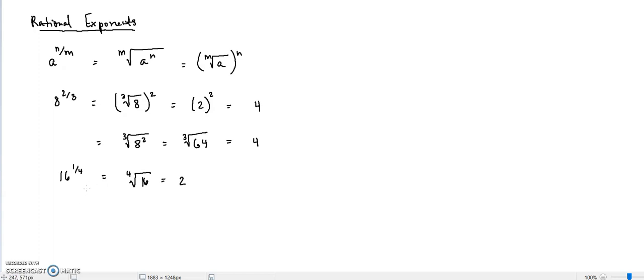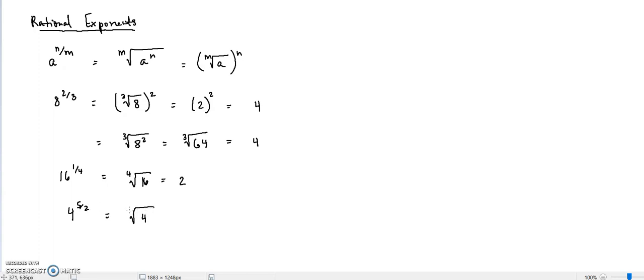Okay, let's say that we have 4 to the 5/2. So we're raising it to the 5th, and this is the 2nd root. Remember, the 2nd root is the square root. We don't usually write the 2 there. When you have the 2nd root, you would just write it as a square root.